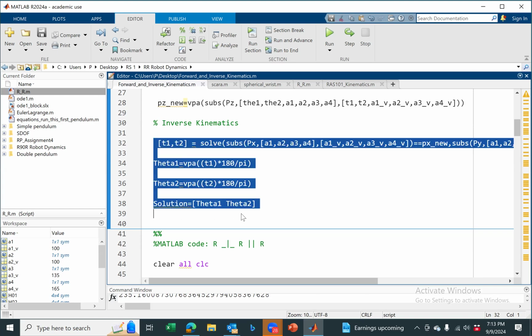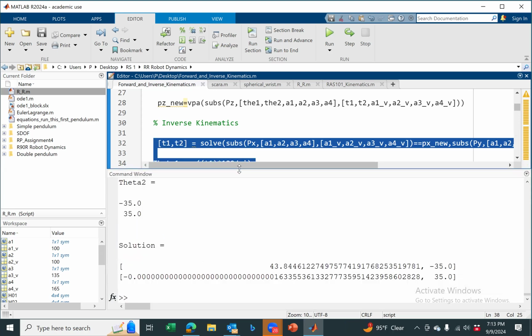So then just run this code. And now all of a sudden, you will see that you get two values of theta 1: 43 and 0, and theta 2 is minus 35 and 35. Which means the end effector position that we got from forward kinematics can be achieved by two sets of angles.